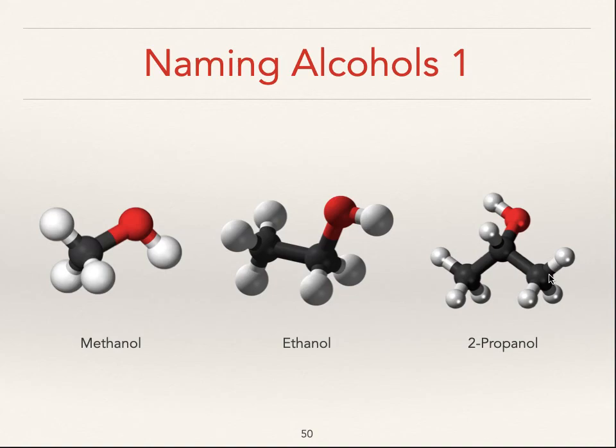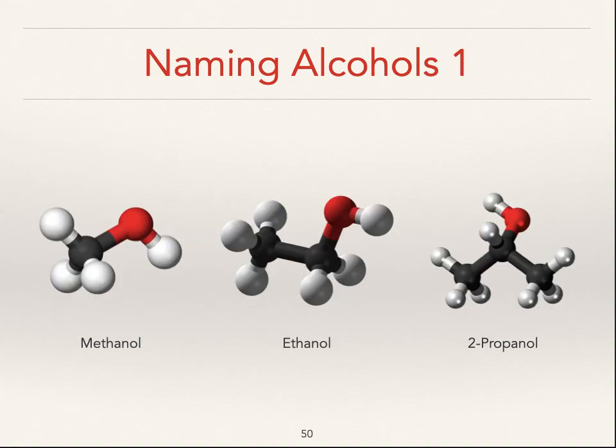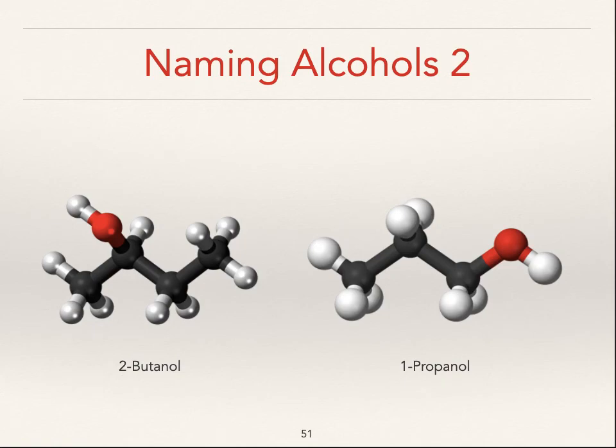And so let's say that we took this, just like this, and we could number it 1, 2, 3 and call it 3-propanol, but that would be wrong. Instead, we have to number it 1, 2, 3 and call it 1-propanol. The reason for that, again, is that the functional group, in this case hydroxide, always has to go on the smallest numbered carbon.